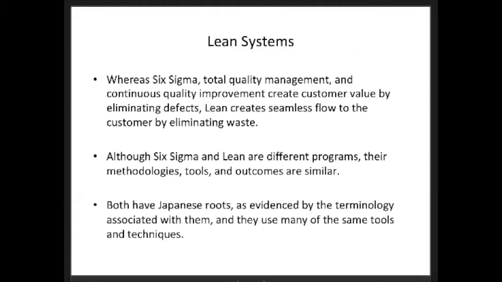Lean systems differ from Six Sigma and total quality management in the sense that Six Sigma is mostly more micro focused. It is a quantitative technique, looking at a single process and improving it, mainly in terms of variability reduction. So the objective in Six Sigma is to reduce the variability in the process, and that's the basis for improving the quality of a process.